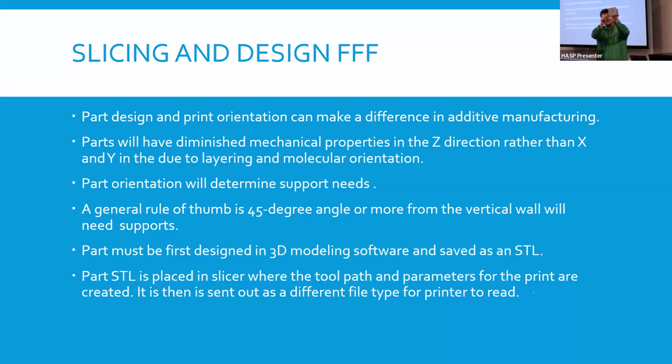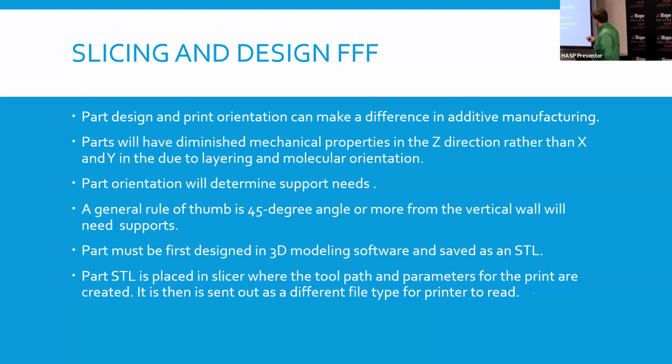Now that line, because I'm layering it layer by layer, it's got to meld together on that line. So you're essentially creating a weak point in that Z direction. So it's easier to tear apart in that Z direction. However, because the extruder is going in the X and Y direction, around and around, the molecular orientation of the polymer is going to line up in that direction. So all these little chains are going to line up, hold close together in that direction, and make it harder to tear that part apart or break that part in that direction.